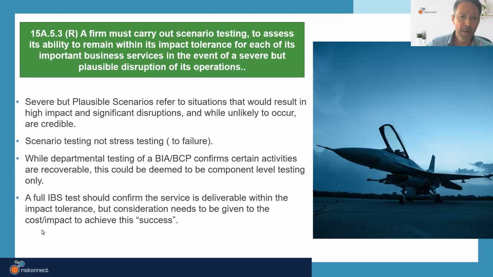Well, absolutely, but when we think about severe but plausible, we need to think about scenarios both those that you can remain within your impact tolerances, a safe test where you say, we think we can stay within our impact tolerances with this scenario, and it's important to also have scenario testing that you expect will make you fail on your impact tolerances.